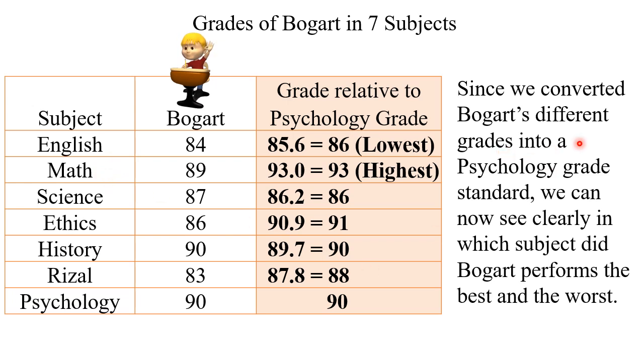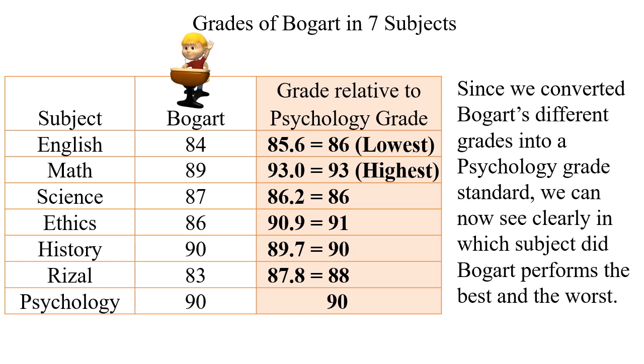Since we converted Bogart's different grades into a psychology grade standard, we can now see clearly in which subject Bogart performs the best and the worst, or the poorest, as we see it. So that's how we convert a score into a z-score, which is standardized, then from the z-score into another standard score that we choose.